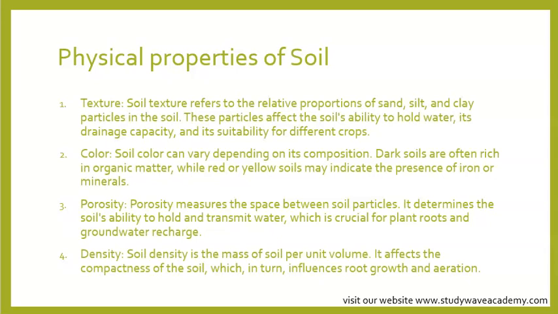Color. Soil color can vary depending on its composition. Dark soils are often rich in organic matter, while red or yellow soils may indicate the presence of iron or minerals. Do we understand? Soil color can vary. It can give us clues about its composition and the presence of certain minerals or organic matter.